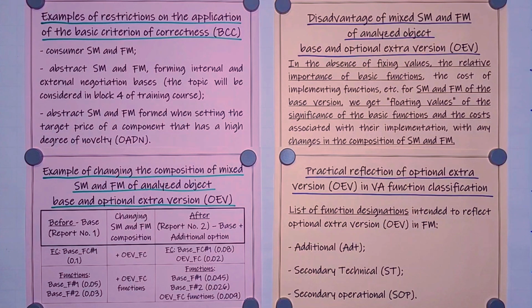We can find the application of the practice of extraversion options in most branches of general mechanical engineering, automotive, aerospace, railway engineering, etc. The simplest everyday example when we encounter additional options is the purchase of a car or motorcycle.